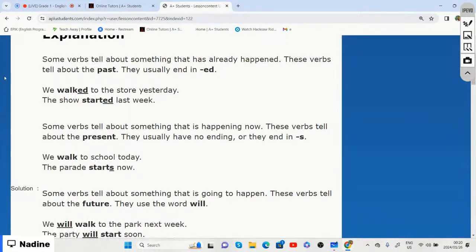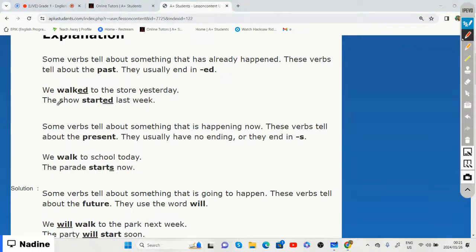It says, some verbs tell you about something that is happening now. So something that is happening now, these verbs will tell us about the present. Present tense is something that is happening now.